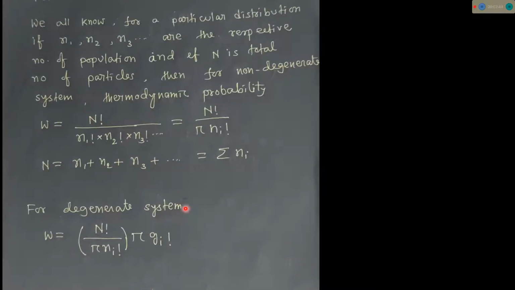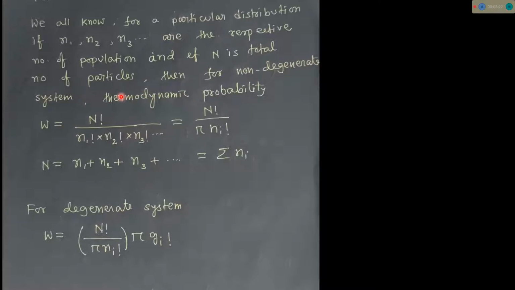If you have already read statistical thermodynamics, this is a basic, primary concept. For a particular distribution, if there are N1, N2, N3 types of particles or populations, then for a non-degenerate system, the number of ways we can arrange these particles is also called the thermodynamic probability.